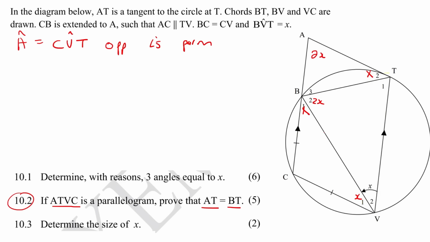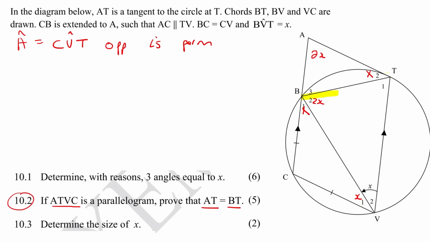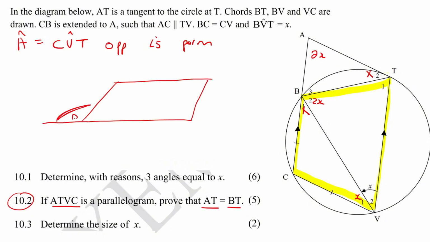Now the next thing we can do is realize that we have a cyclic quad. And we know that one of the properties of a cyclic quad is that if you have the exterior angle over here, for example A, then that would always be exactly the same as the interior opposite angle, B, for example.